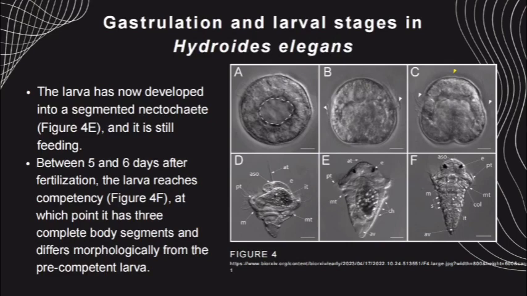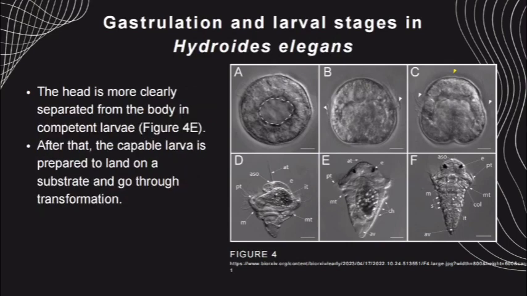In a nutshell, competent larvae have bigger overall body sizes and a more cone-like body profile from the prototroch to the tail than do pre-competent larvae, which seem more rhomboid.